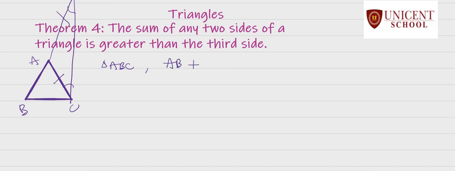We need to prove that AB plus AC is greater than BC. So we have extended side BA such that AD is equal to AC. Hence we can see that angle 1 is equal to angle 2 because it forms an isosceles triangle.